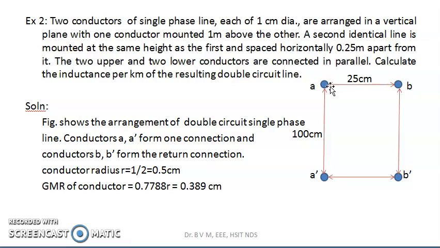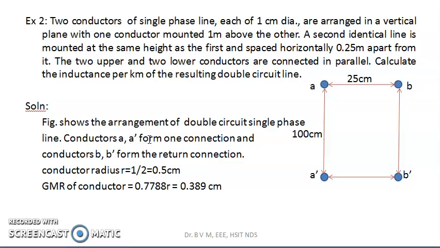Okay, this is the problem statement. What is to be calculated? Inductance per kilometer of the resulting double circuit line. Let us see here. Figure shows the arrangement of double circuit single phase line.